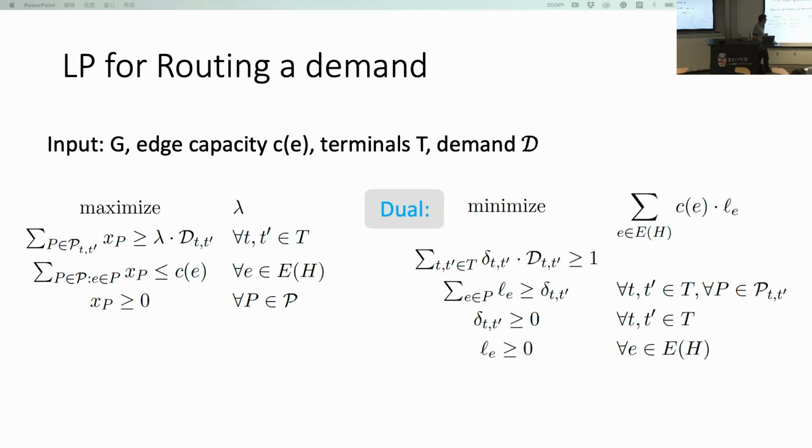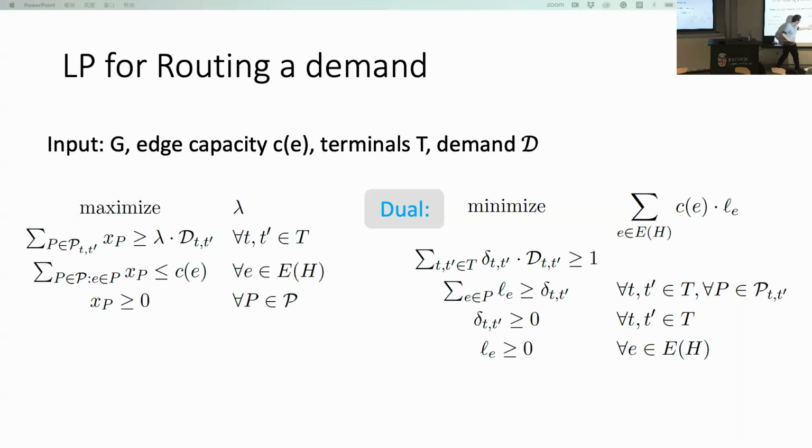Now we can take a look at the dual. I'm not showing you the process of taking the dual, it's standard. The P_TT' there is the set of all paths, so for any pair of terminals, we sum over all paths connecting this pair of terminals.